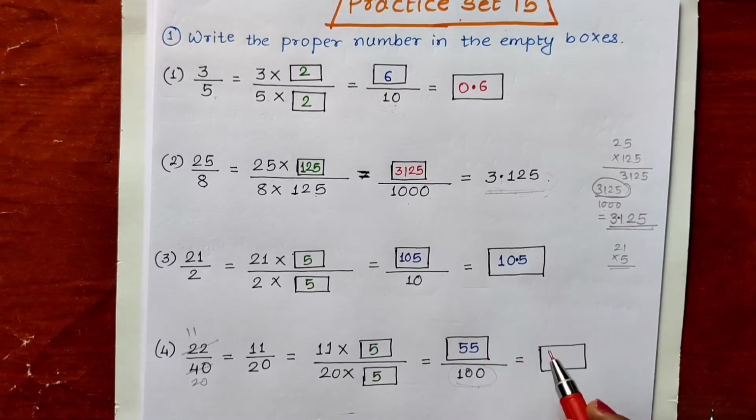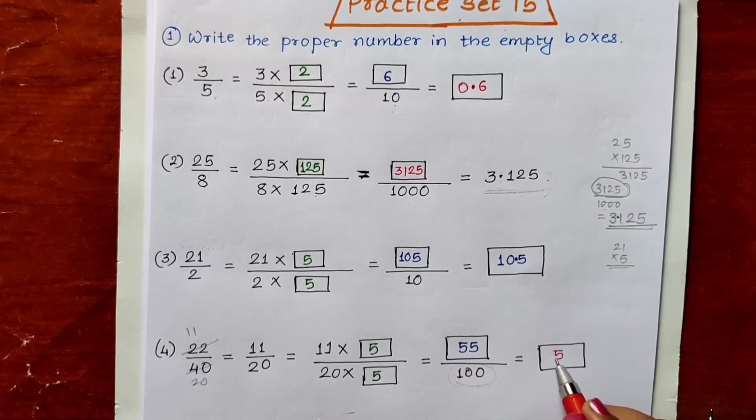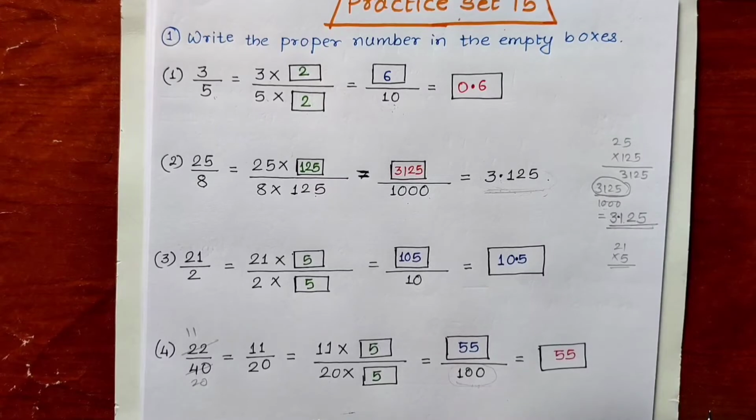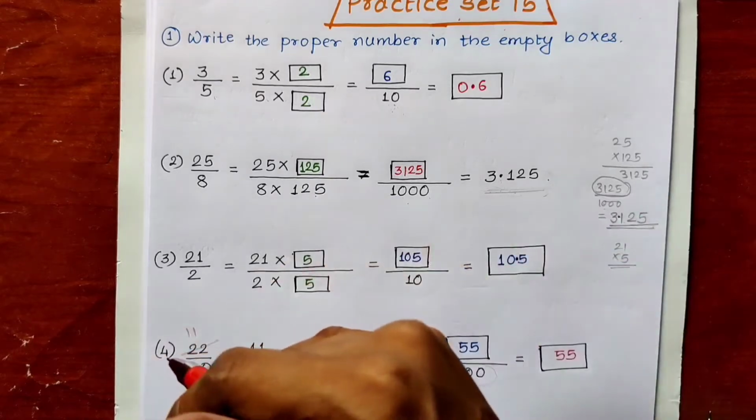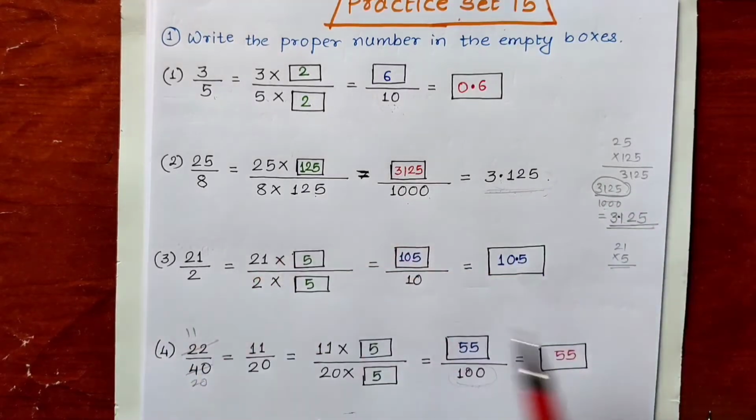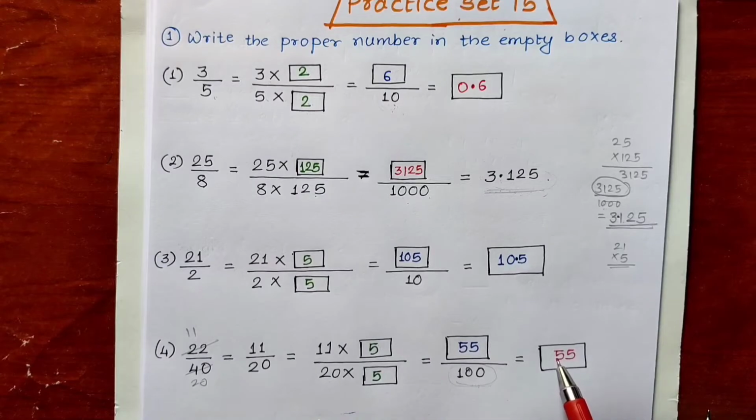Now we have to convert this 55 upon 100 into a decimal fraction. How to convert it? First write this numerator number as it is, 55. Okay. Now in the denominator 100 is there. That means 2 zeros are there. That means the decimal point should be written before 2 digits from right to left. So 1, 2. 2 digits are there.